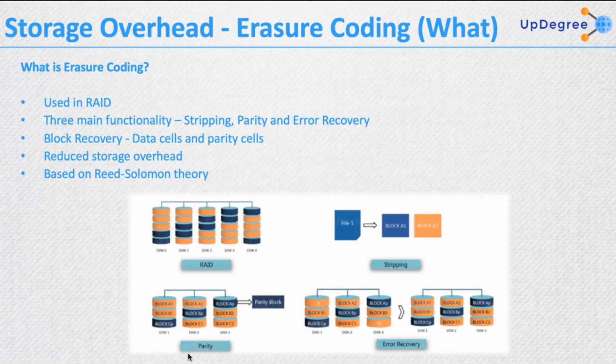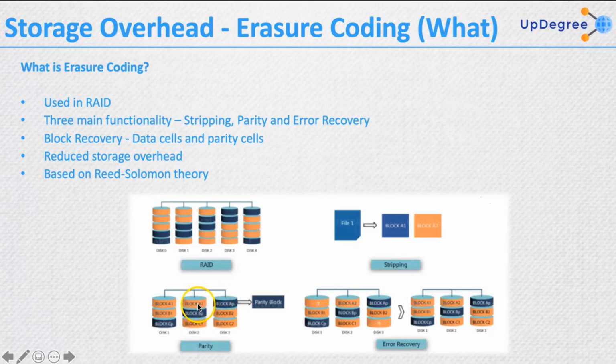Now, what is this parity all about? Parity is a kind of algorithm that has been created inside these disks with the RAID technology, for what it is exactly going to do. Say we have a disk where we have block A1 and block B1, and we also have block A2 and block B2 on disk 2 and disk 3.